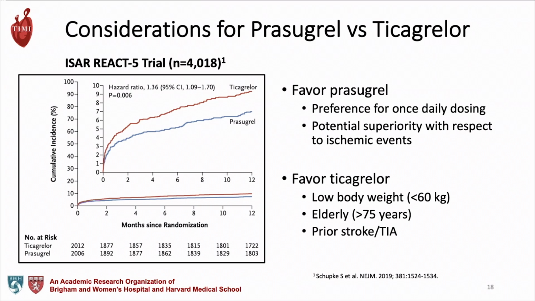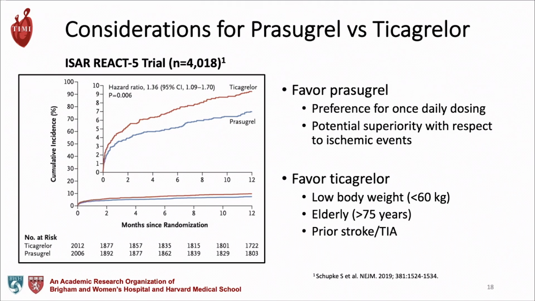There have been some methodologic issues raised about these results, but in brief, what the data showed is that there was a reduction in ischemic events in patients who were randomly allocated to prasugrel as compared with ticagrelor. And so current European guidelines, which are the only guidelines that have come out since this trial was reported, give a nod to prasugrel as the preferred agent over ticagrelor.